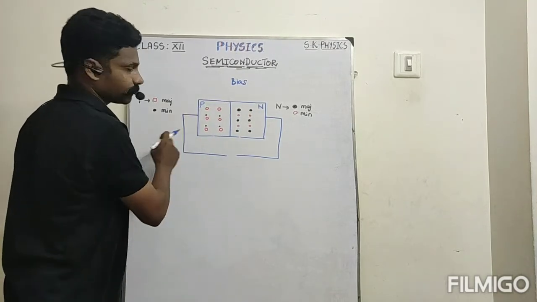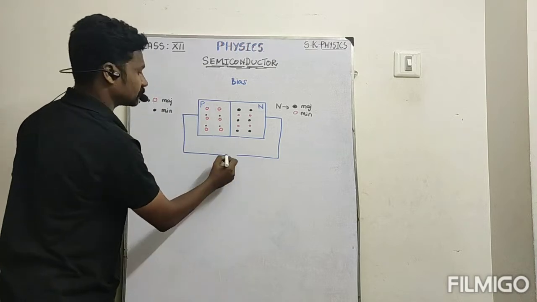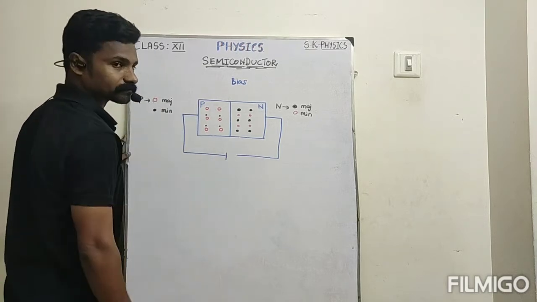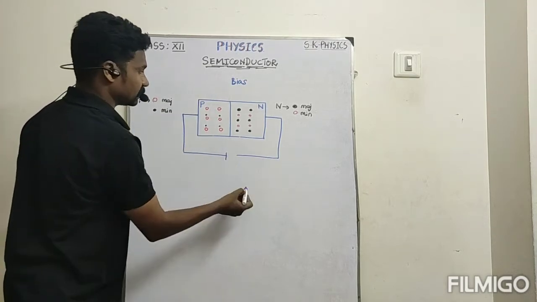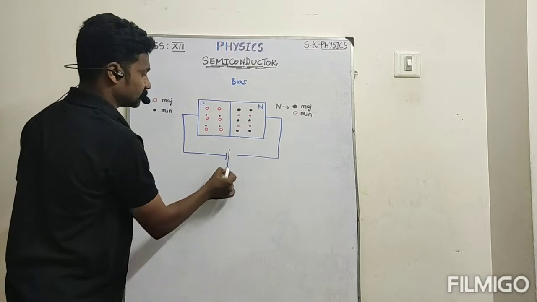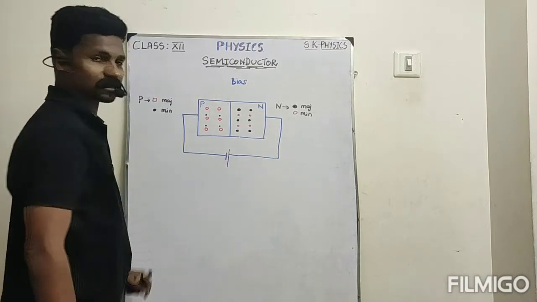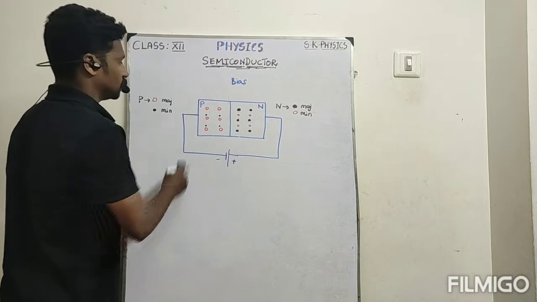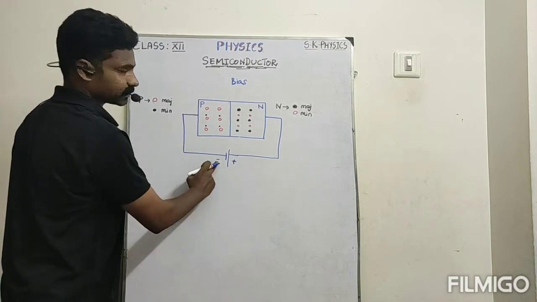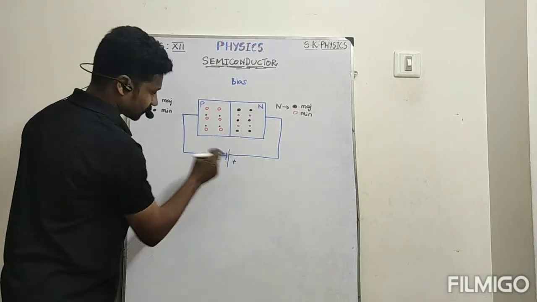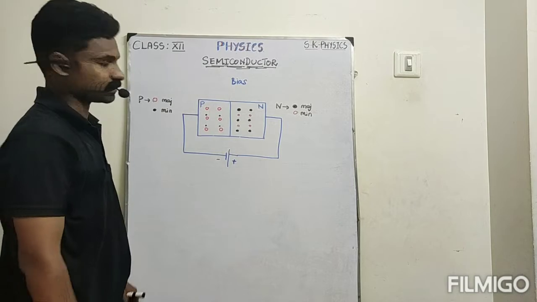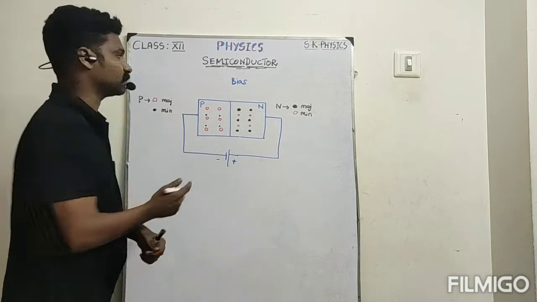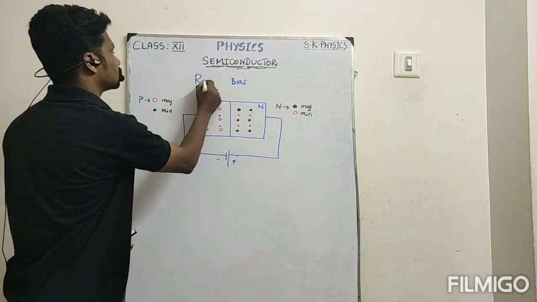This P type is connected with the negative terminal, and this N type is connected with the positive terminal. So P type connected with the negative terminal, and N type connected with the positive terminal. Reversely we connected. This is known as reverse bias.